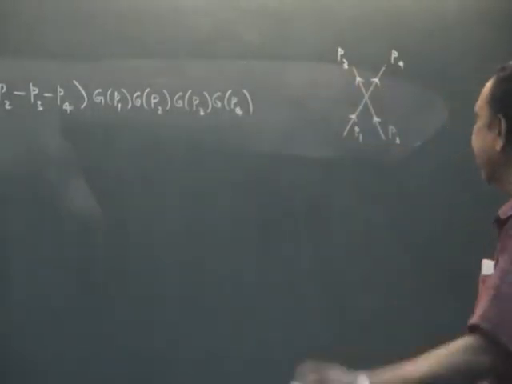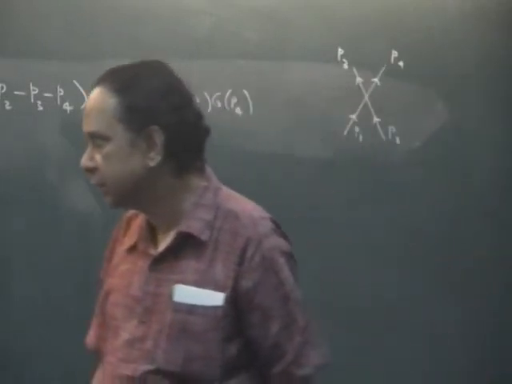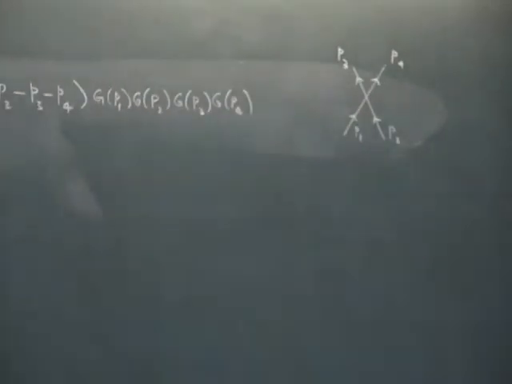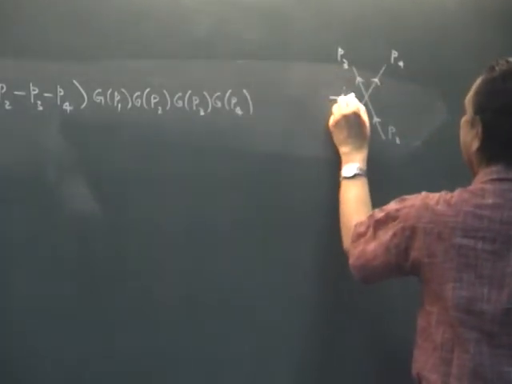And this vertex should have a minus sign somewhere. Just to be proper, this is how it is defined. Not that it matters, but by convention, this quantity is given a minus I lambda at the vertex.